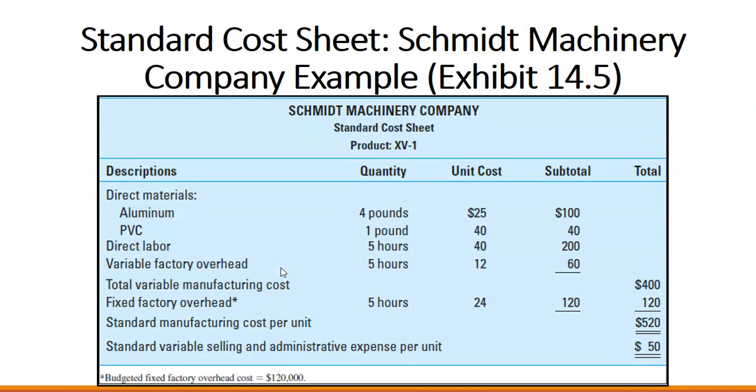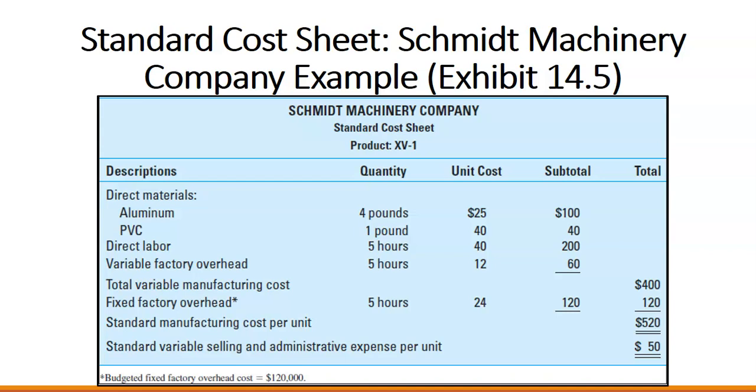This is an example of our standard cost sheet for our machinery company that we're going to be following through this chapter and the next couple of chapters. We have our expected quantity of direct materials and their cost for production, our expected quantity of direct labor, variable overhead, fixed overhead, and this gives us our standard manufacturing cost per unit.